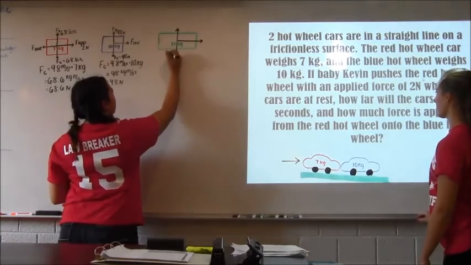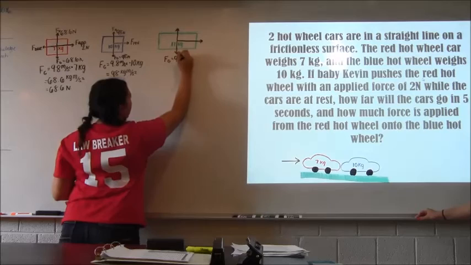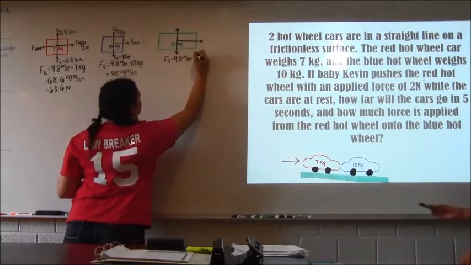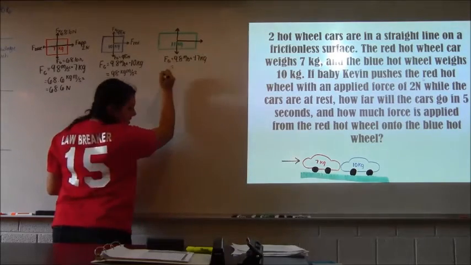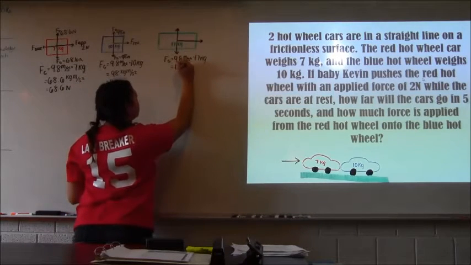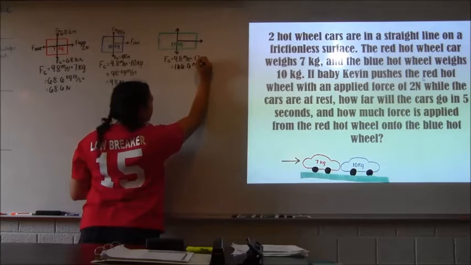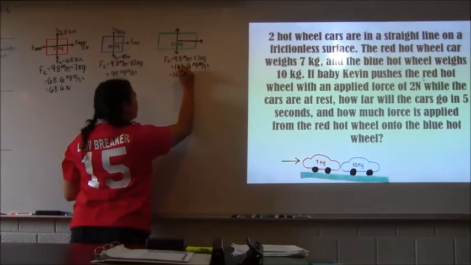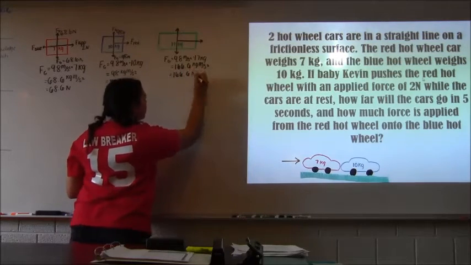So it's going to be, this time, 9.8 meters per second squared times 17 kilograms. Then that leaves you with 166.6 kilogram meters per second squared, which we all know now equals 166.6 newtons.